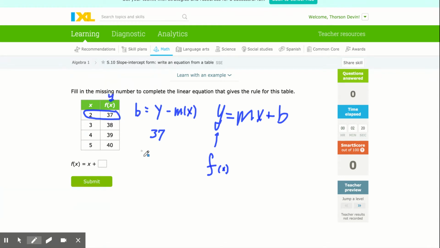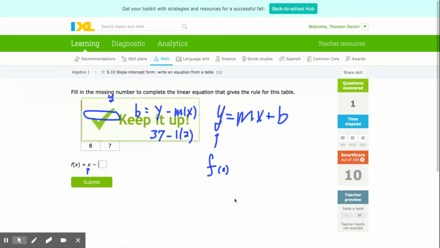There's just a new way to write y, minus my slope of 1, that's a 1 that's right there, right? So it gave me my slope of 1 times my x value of 2, and so I have 37 minus 2, which is 35. So all I need to do is type in 35 and hit submit.